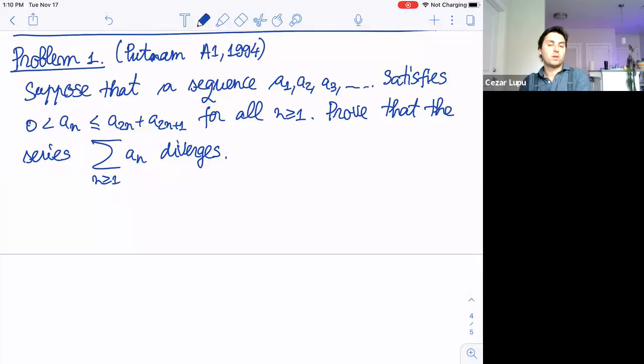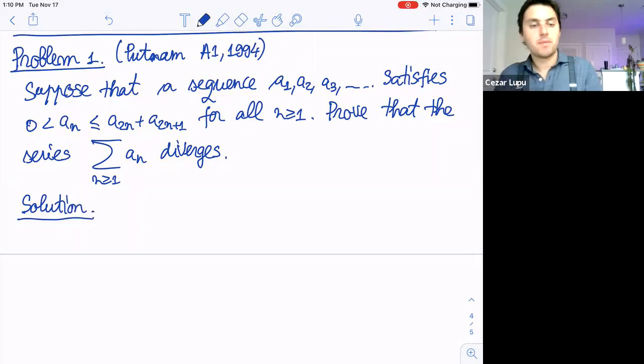Maybe you want to see what happens if the contrary is true, right? If the series of a_n converges, maybe we'll get a contradiction. Maybe that's easier to prove, right? So let's see. And maybe we should exploit that condition there as well.